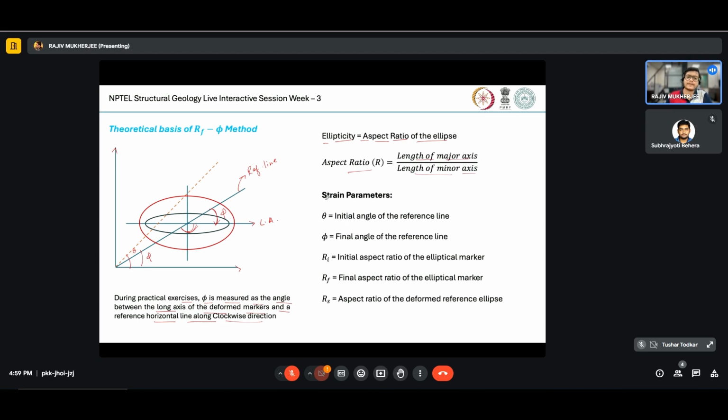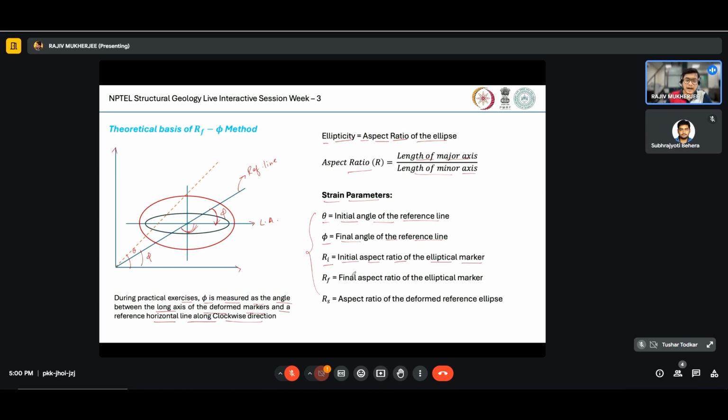Now we have these strain parameters that we commonly use in the RFI method. First of all is theta, which is the initial angle of the reference line. Phi is the final angle of the reference line. Ri is the initial aspect ratio of the elliptical marker.